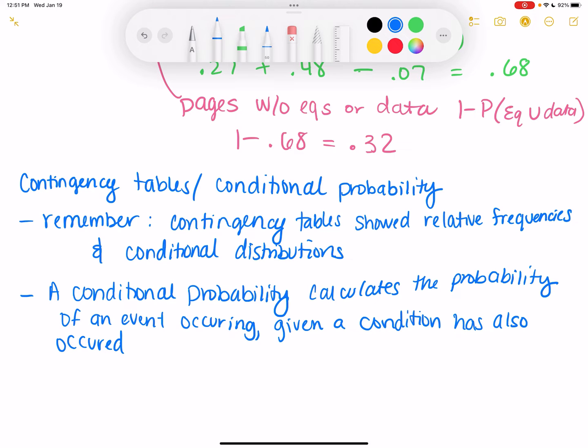So a hypothetical example for this week would be something like the probability that school gets canceled given that it snowed, or the probability that school gets canceled given that people are sick. It has happened.